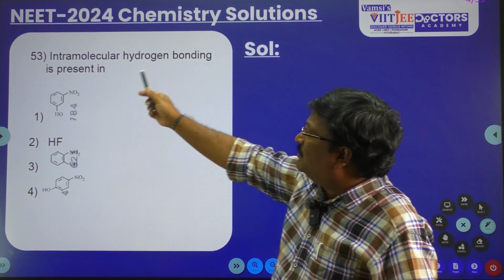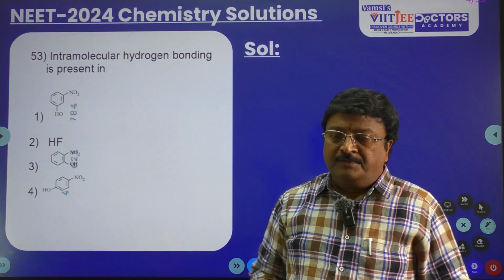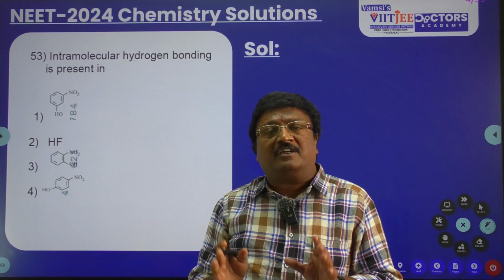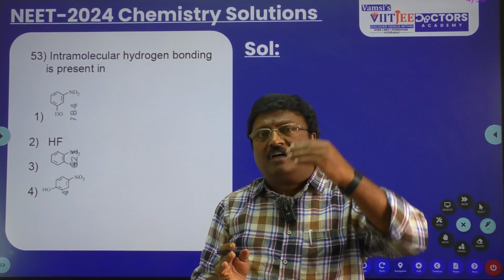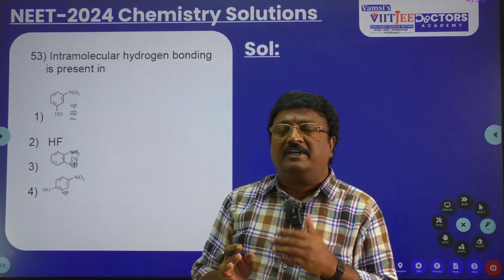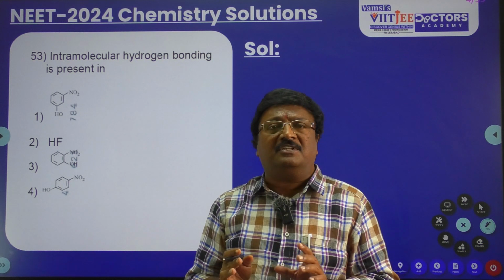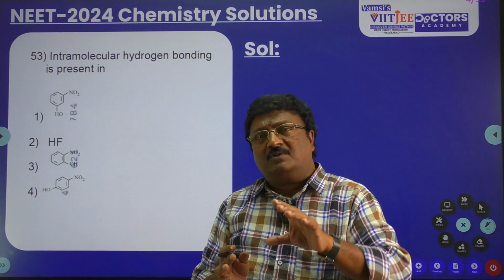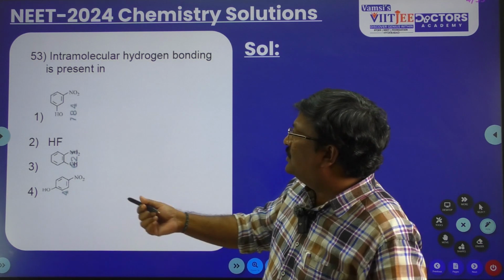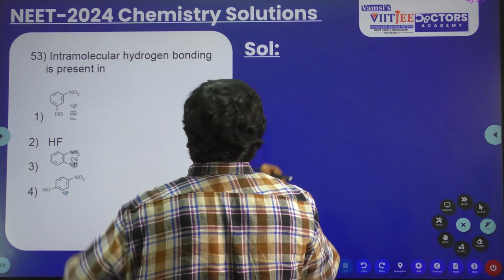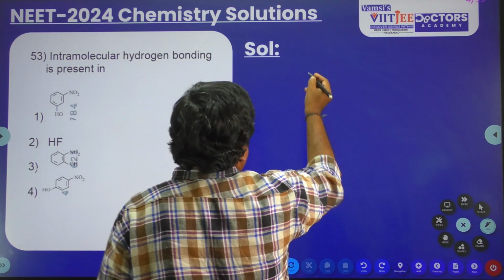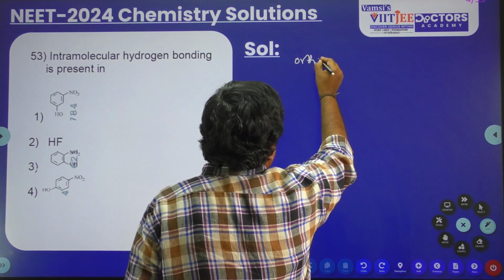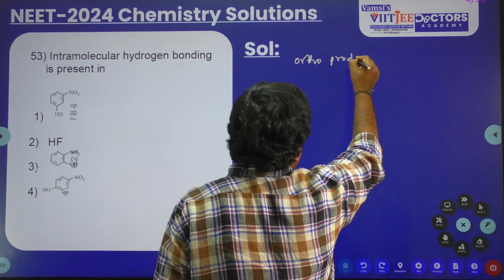Intramolecular hydrogen bonding is present in which? Generally, intramolecular hydrogen bonding is present in ortho products like ortho-hydroxybenzaldehyde, ortho-hydroxybenzoic acid, ortho-hydroxynitrobenzene. So all ortho derivatives we can take.